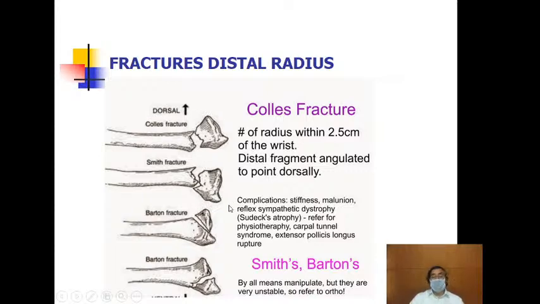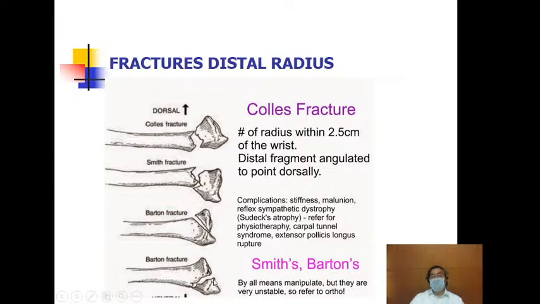There is another type of fracture, called Barton's fracture. In Barton's fracture, the fracture involves only a part of the articulating surface, one half, this is one half and this is another half. And if the fragment involves the dorsal side and angulates dorsally, that is called a dorsal Barton's fracture.